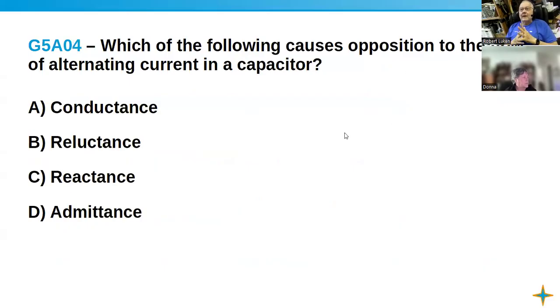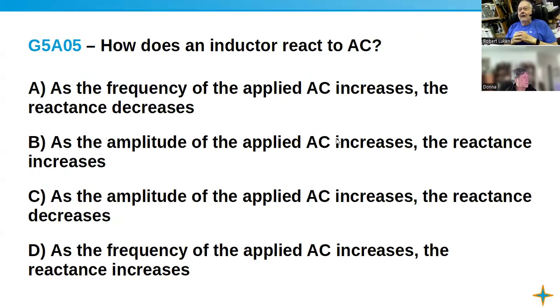Which of the following causes opposition to the flow of alternating current in a capacitor? Isn't that the same thing? Yep, same thing. Reactance. Okay. How does an inductor react to AC or alternating current? As the frequency increases, inductor reactance should increase.